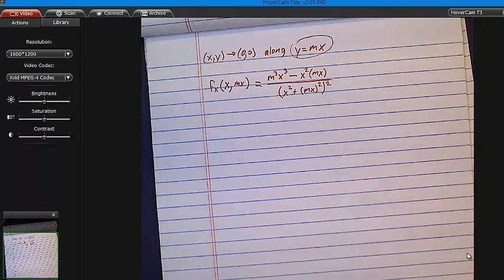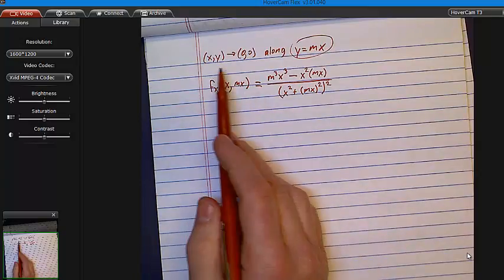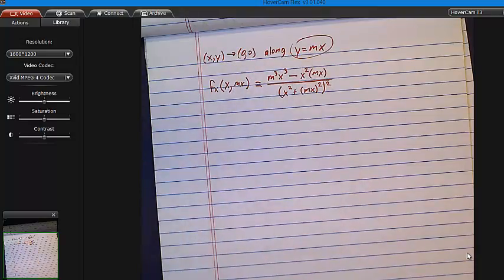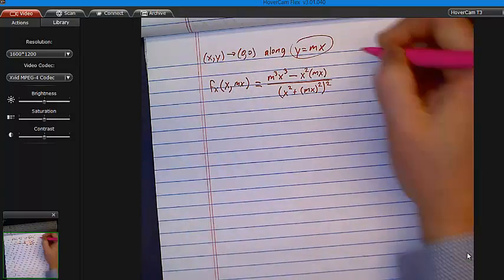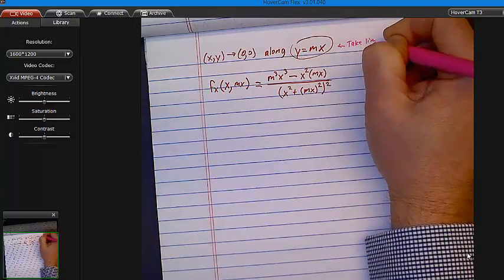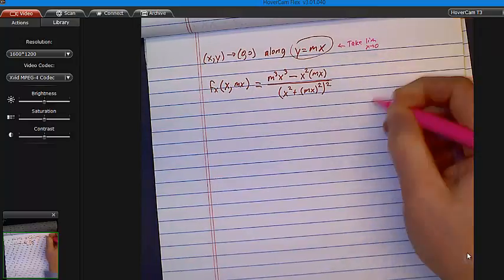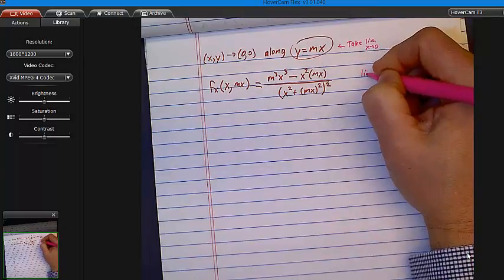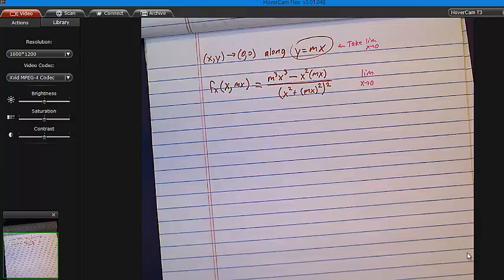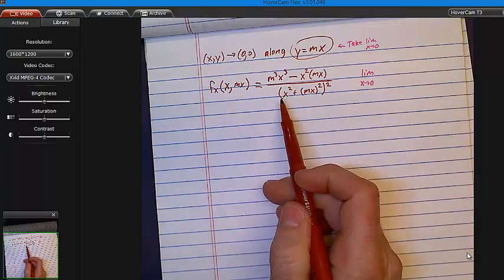And then what I'm saying is that as (x, y) approaches (0, 0) along mx, we should take the limit as x goes to 0. So we want the limit as x approaches 0 of this stuff. Can I simplify this? Yeah, I can quite a bit.